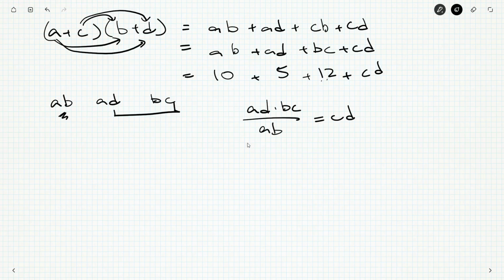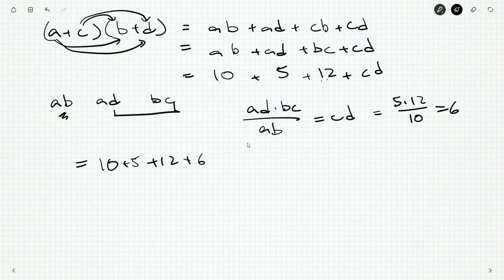Okay, so CD is just going to be 5 times 12 all over 10, so that's 60 over 10, or 6. So my sum is 10 plus 5 plus 12 plus 6, 15 plus 18, a final answer of 33 for (A plus C) times (B plus D).